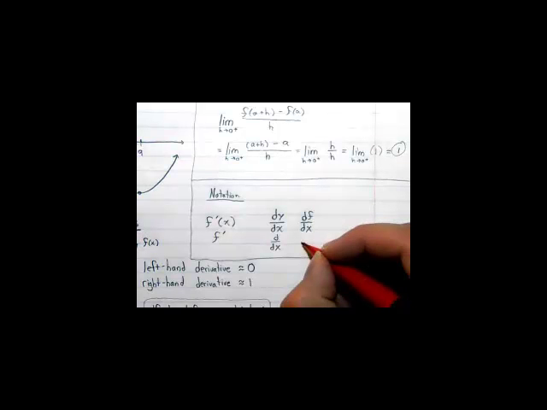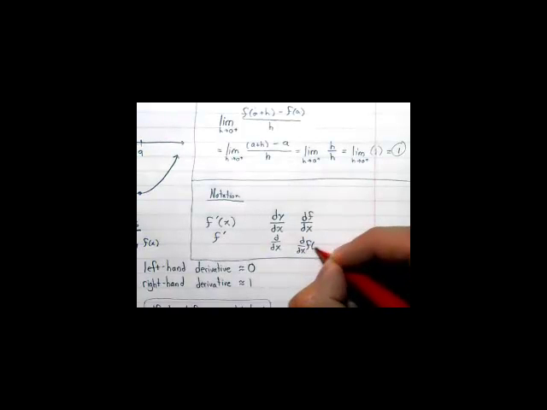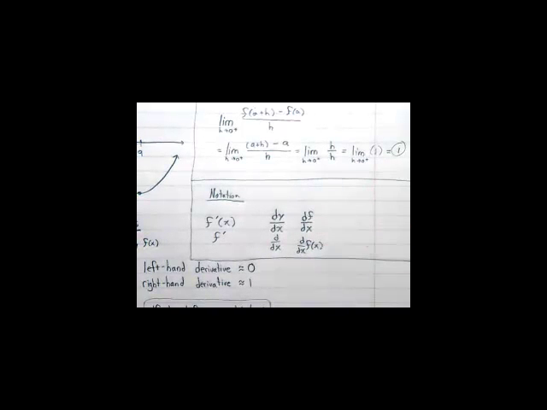And then there's also d dx of f of x. Okay, so you got your Newton ones here, and then your Leibniz, all of these types of things. But every single one of these is really just the derivative of a function.